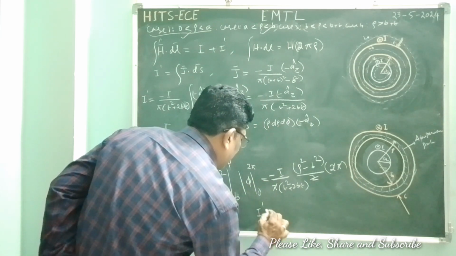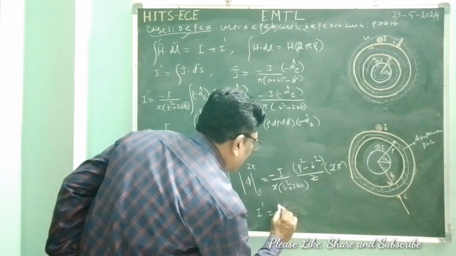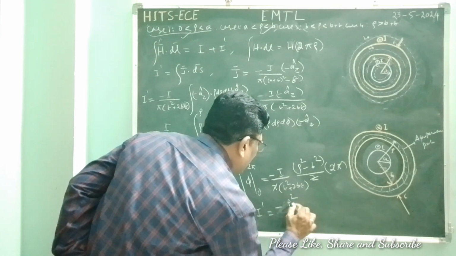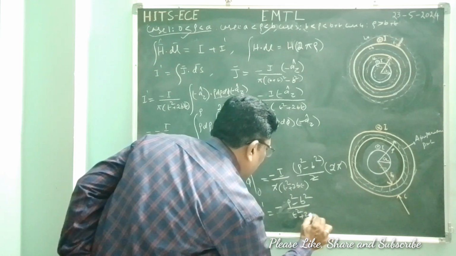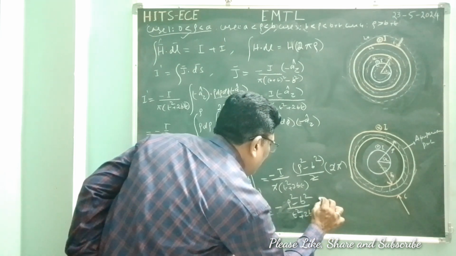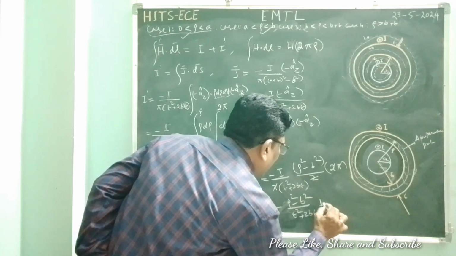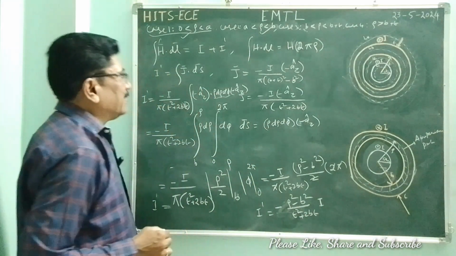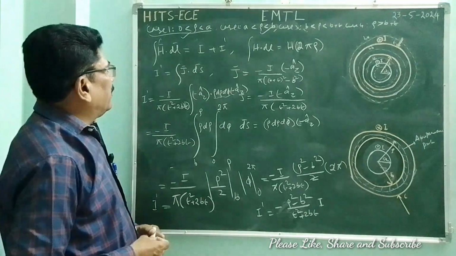So I dash is equal to minus (rho square minus b square) by (t square plus 2bt) into I. This is I dash. Now let us add these two, I and I dash.